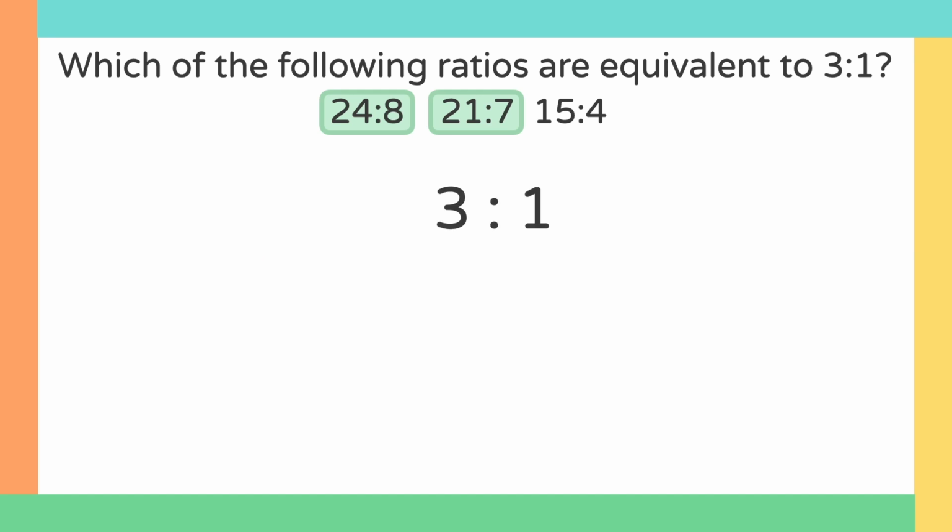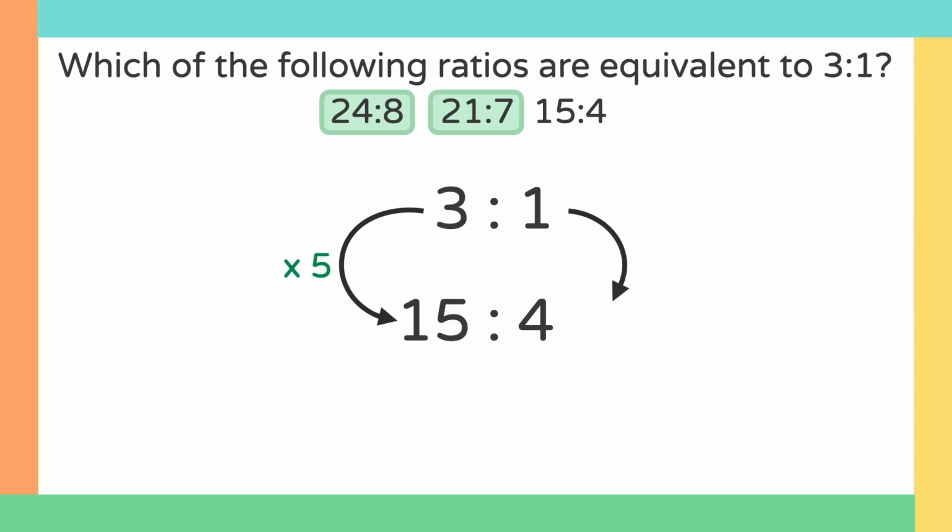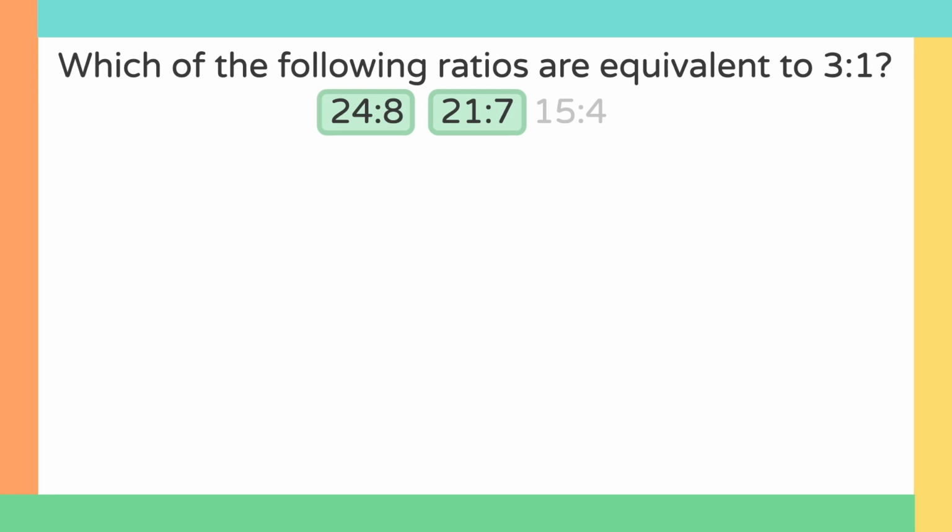Now we're comparing 3 to 1 and 15 to 4. 3 times 5 is 15. What number can we multiply 1 by to equal 4? 4! We multiplied the parts of 3 to 1 by different numbers to get 15 to 4. That means these ratios are not equivalent. So we found 2 ratios equivalent to 3 to 1.